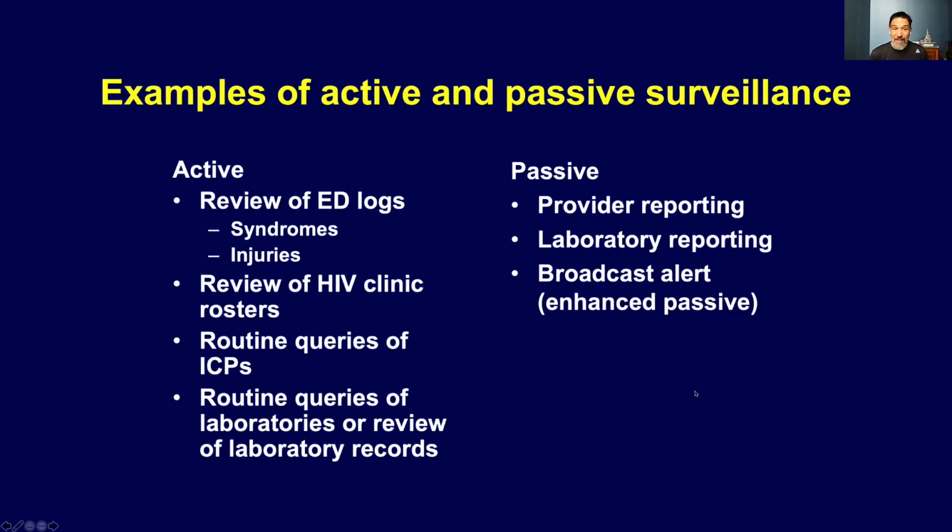This is called enhanced passive surveillance because it's still not the health department staff going out to the field and looking for cases themselves and bringing that information back into the health department, but it is kind of like stepping up the provider and laboratory reporting process by giving reminders.